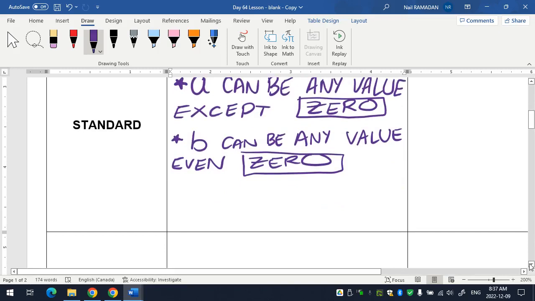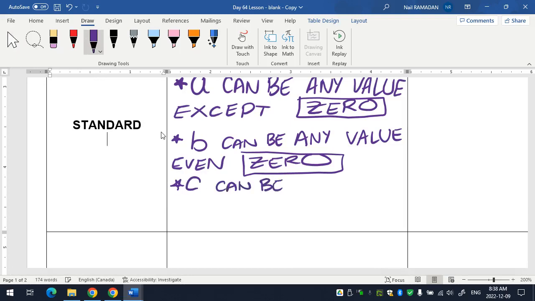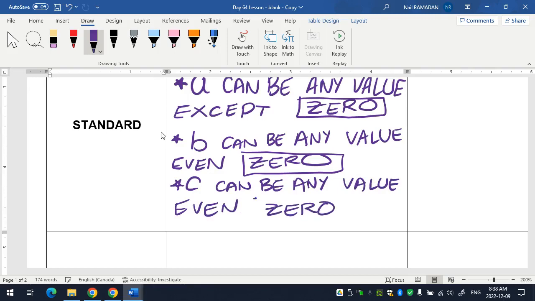How about C? C is the same as B. It could be absolutely anything, including zero. C can be any value, even zero.